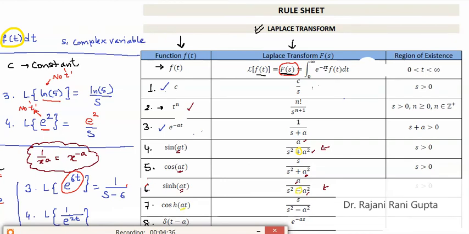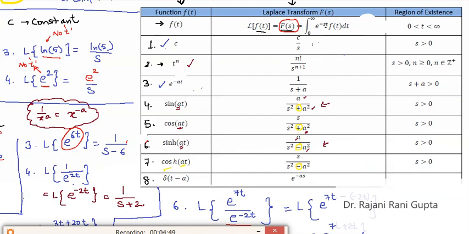Similarly for cos and cos hyperbolic, in the denominator it is plus for the trigonometric function and minus for the hyperbolic function. These are the things you need to pay attention to. Similarly for the direct delta function, if it is delta t minus a, you get e power minus as, nothing else. The sign is not changing here.